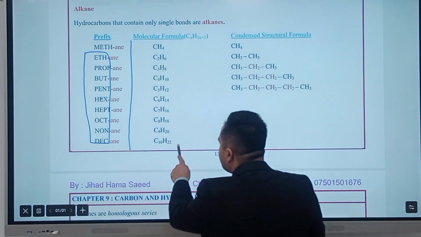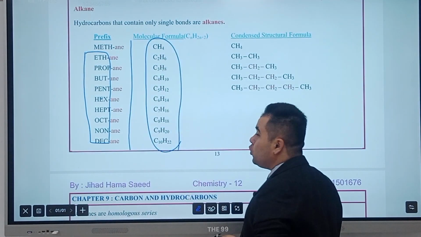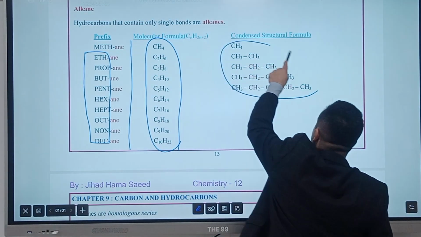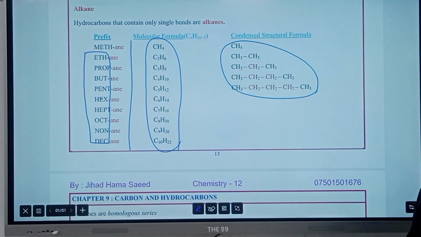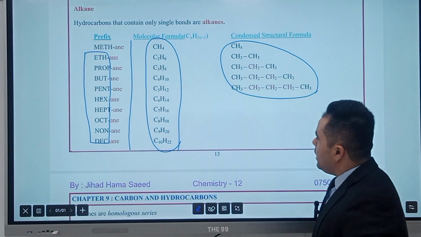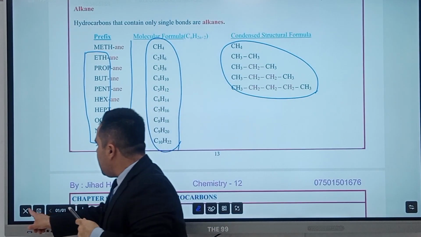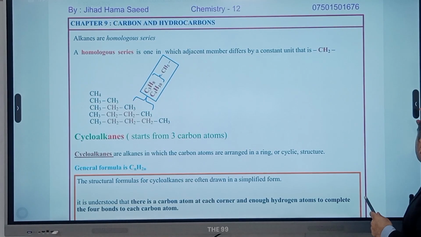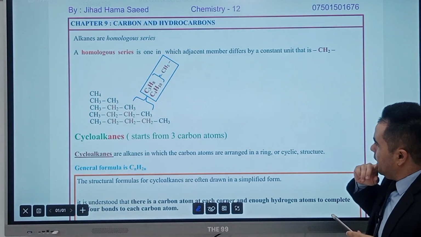So the structures of the alkanes are given here, the molecular formulas, not the structural formulas. And for some of those examples, the condensed structural formulas are given. We'll learn how to recognize whether a molecular or structural formula is an alkane or not.